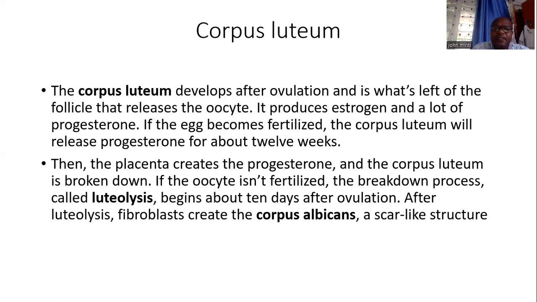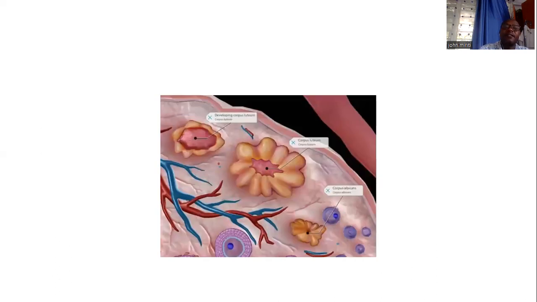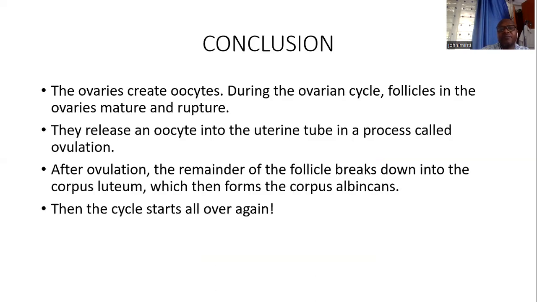If the oocyte is not fertilized, the breakdown process called luteolysis begins about 10 days after ovulation. After luteolysis, fibroblasts create the corpus albicans, a scar-like structure. So you can see the development of the corpus luteum, then the corpus albicans, which is a scar. You can see a very good blood supply around that area, which is well nourished.